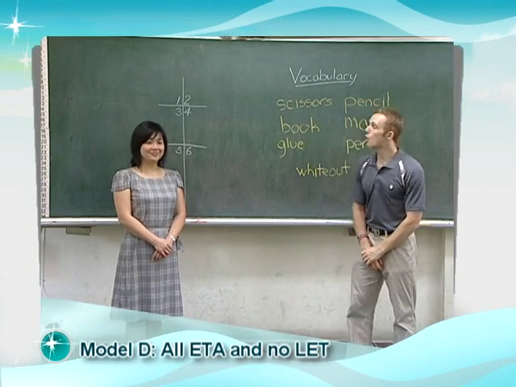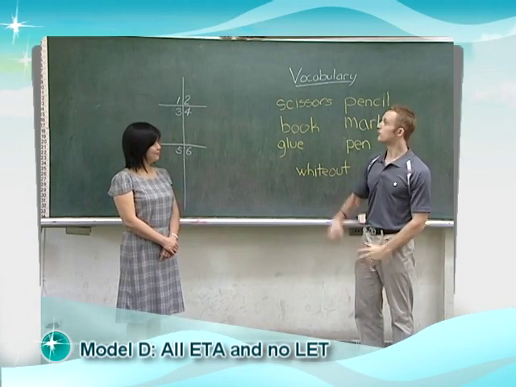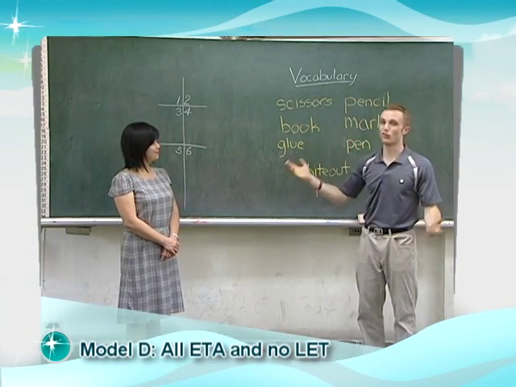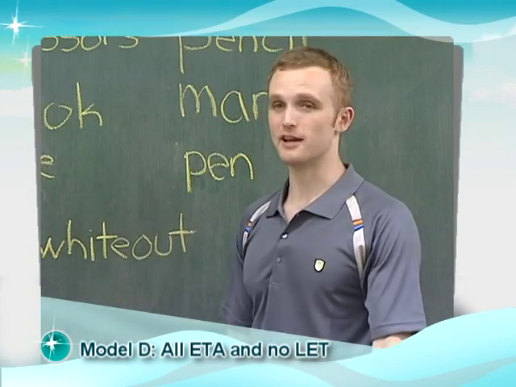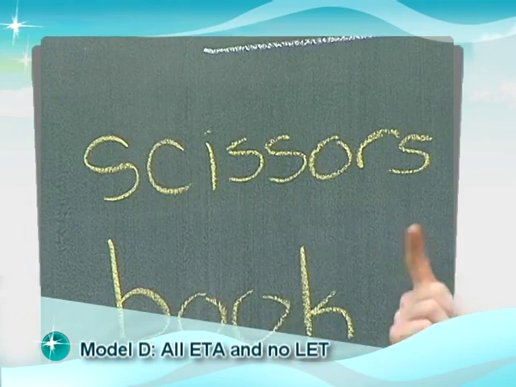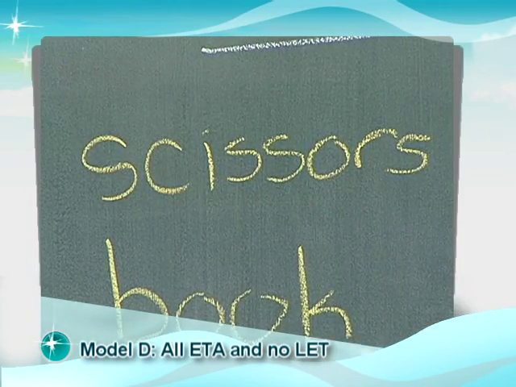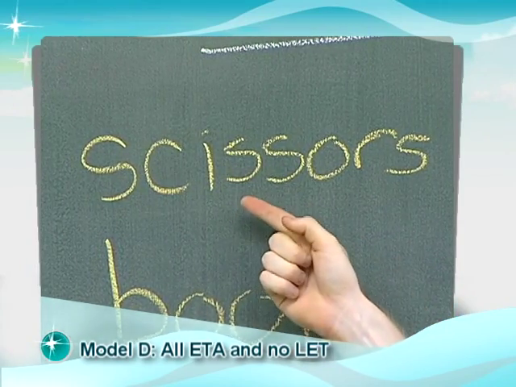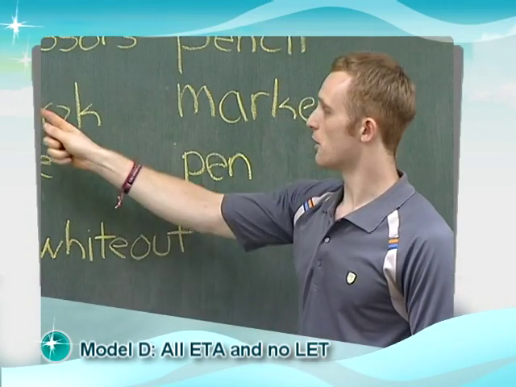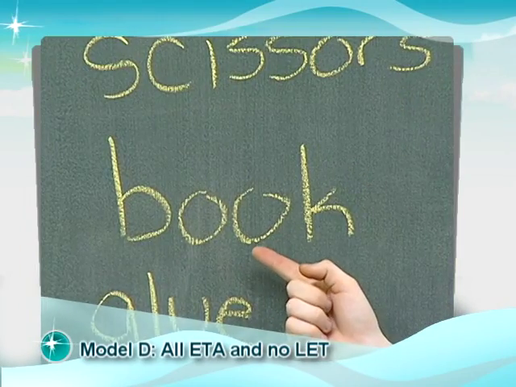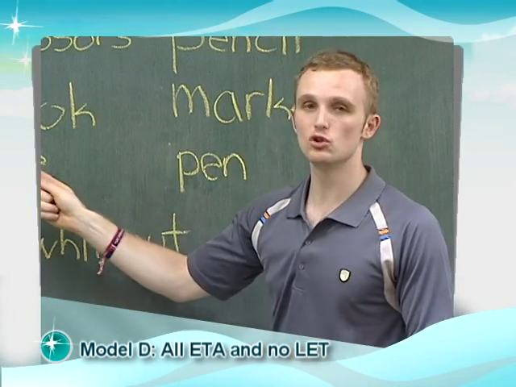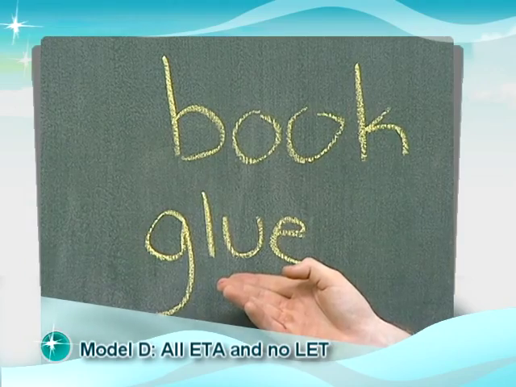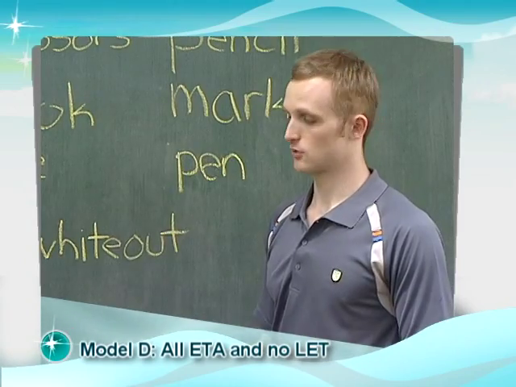Class, today we're going to learn some new vocabulary about the classroom. When I say the word, you repeat. Scissors. Scissors. Good. Book. Book. The next word is glue. Glue. Good.